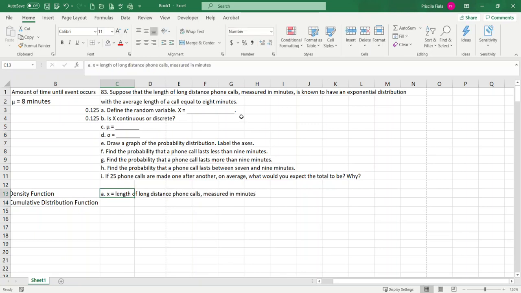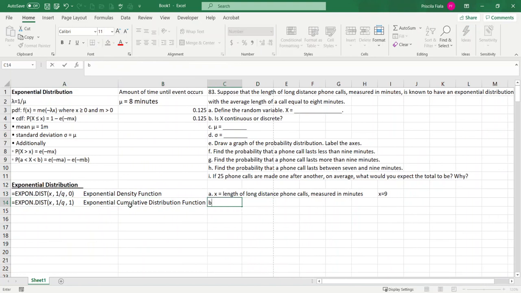When I ask you for x equals 9, that's what it means: you're looking for the length. This would be the length of the long distance phone calls measured in minutes. Okay, B, is it continuous or discrete? Well, you are determining the amount of time, so that would be continuous. So x is going to be a continuous variable.